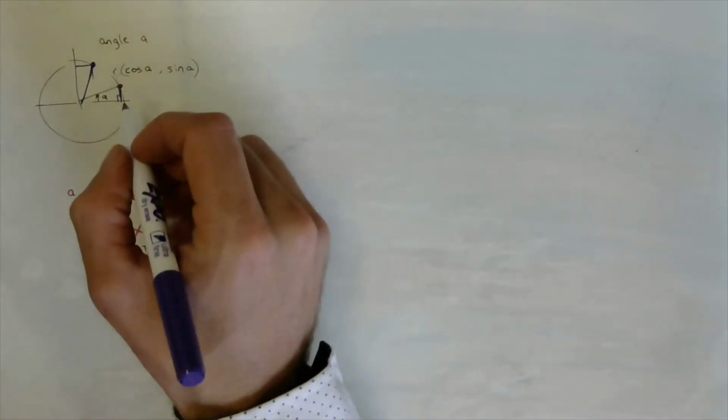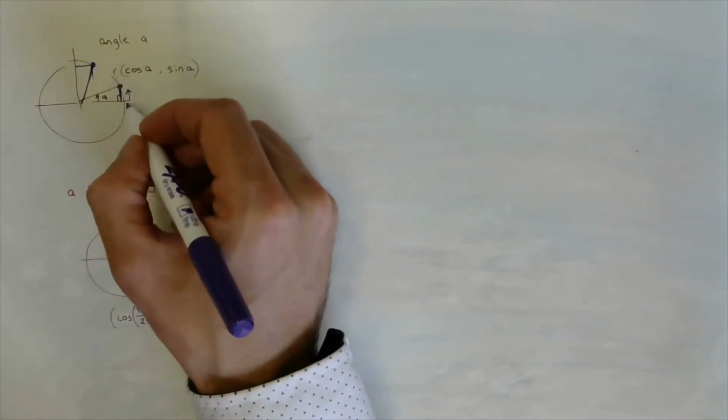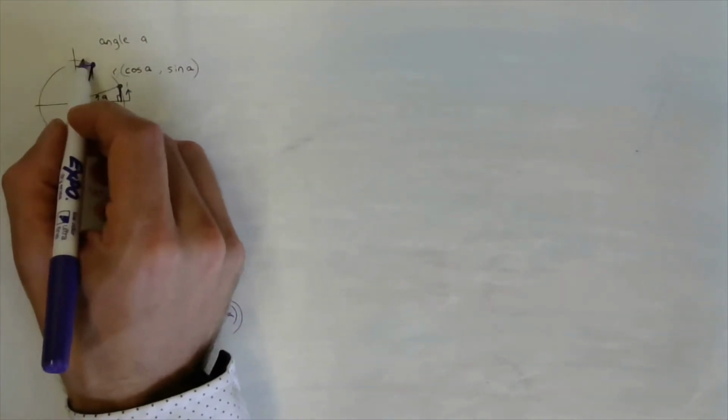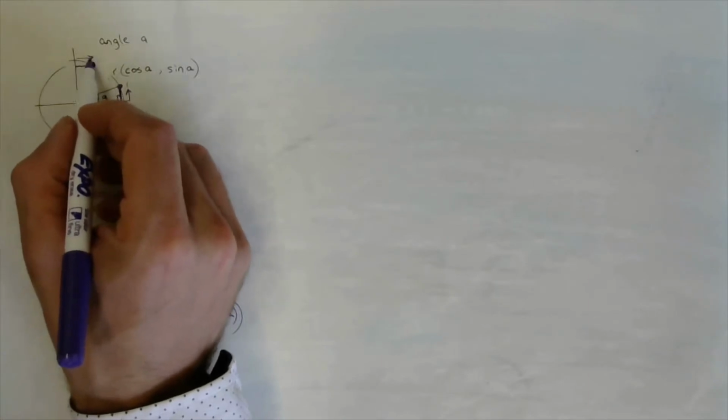And what actually happens is, as high as the sine of A is here, that's the same distance that's going to now be our x coordinate.